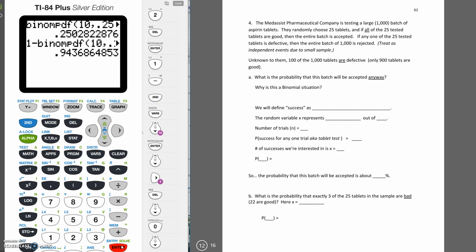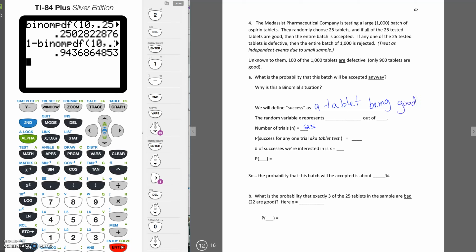Okay, so first we want to figure out, is this binomial? So our fixed number of trials is how many tablets we're choosing. So that's 25. We're going to define success as a tablet being good. Being not defective.